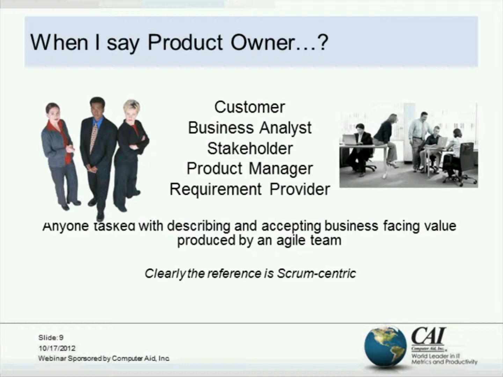Product managers are often knighted or designated to be product owners. Requirement providers. So anyone tasked with describing and accepting, an important part here is describing, interacting with the team, accepting business-facing value produced by an Agile team, I would characterize as a product owner. That's the role that I'm talking about here.